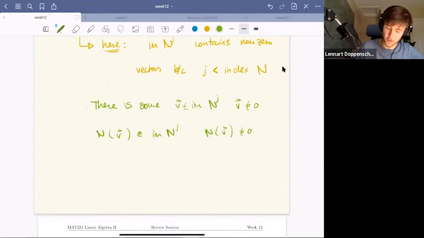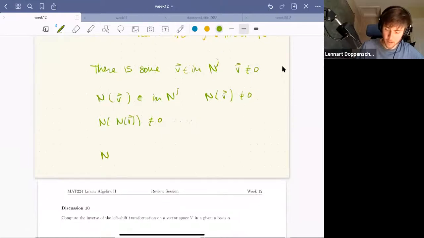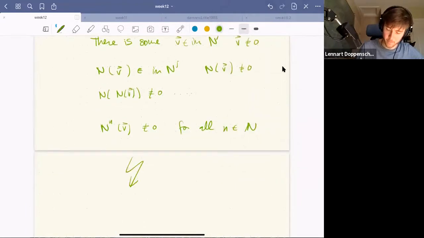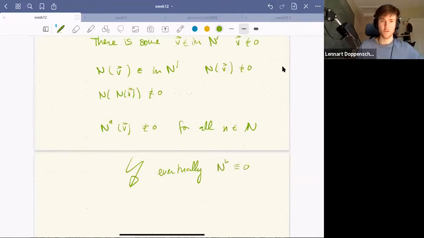Now if you do this again, n of v is non-zero, and we can just go on. Then n to the n of v is non-zero for all natural numbers. But this is a problem because eventually n to the n has to be 0 for all the vectors.